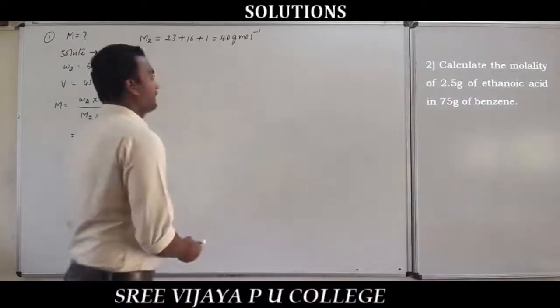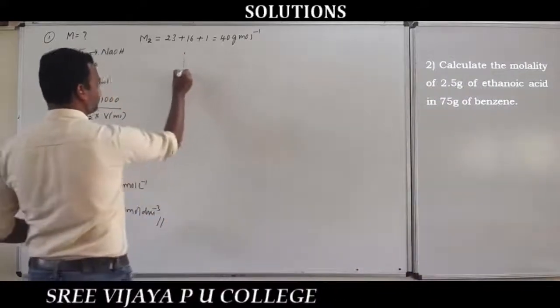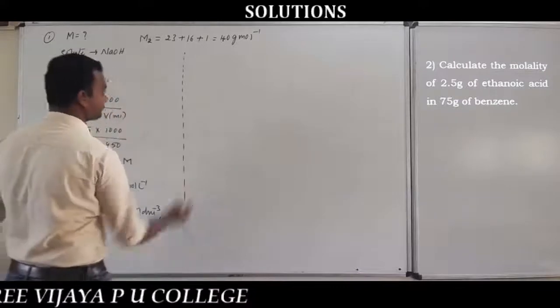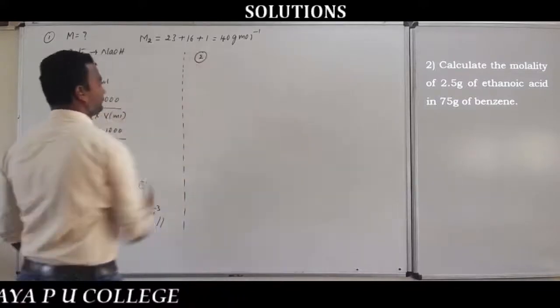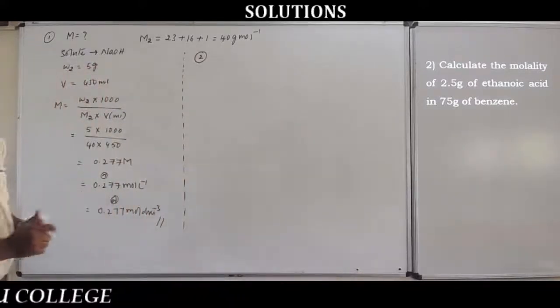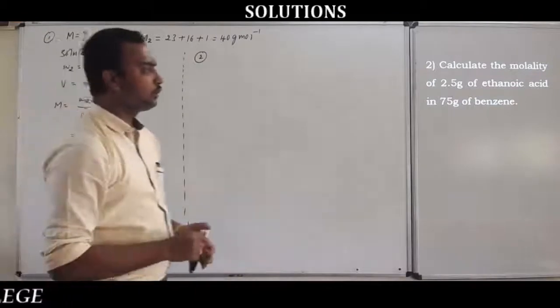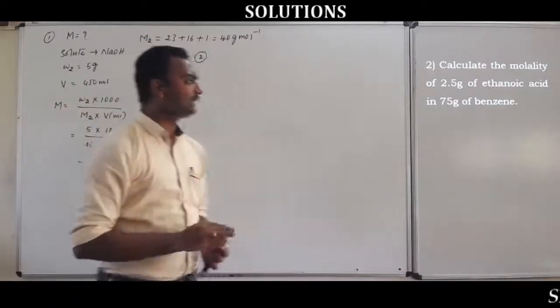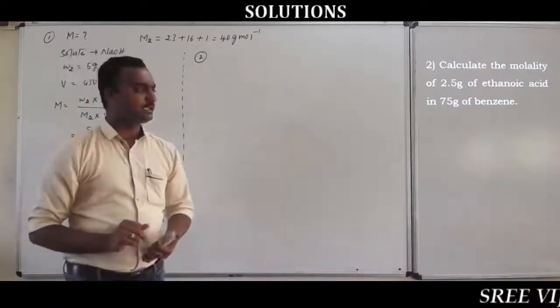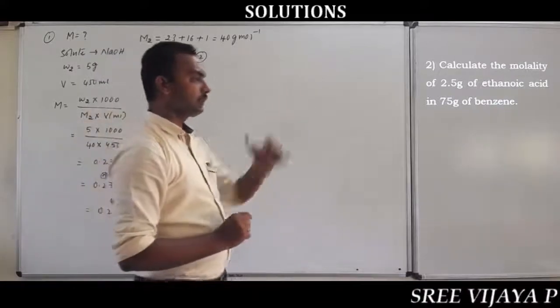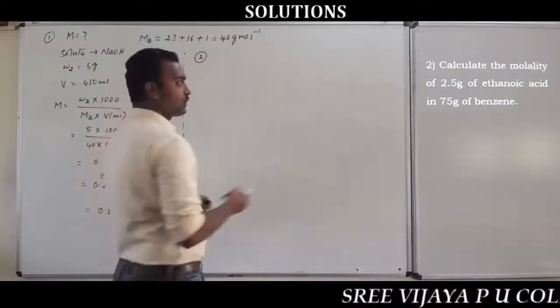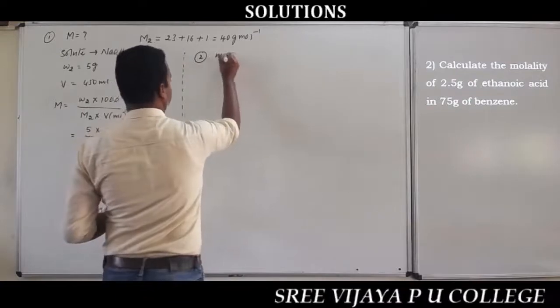Next, second problem. Calculate the molarity of 2.5 gram of ethanoic acid in 75 gram of benzene. So we have to calculate molality, indicated by small m.